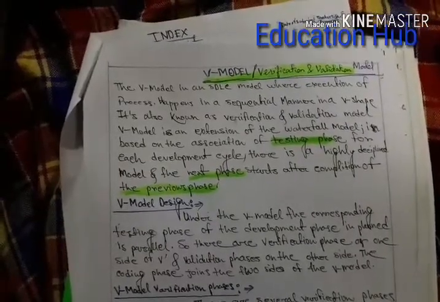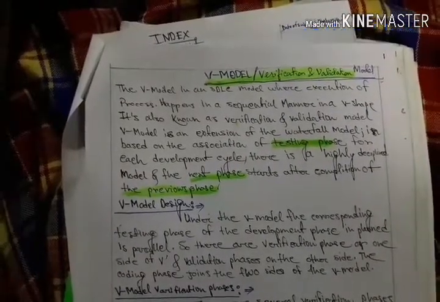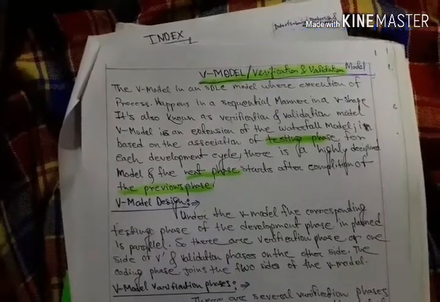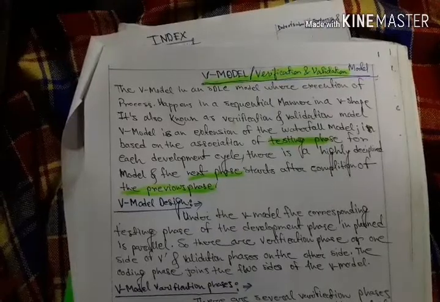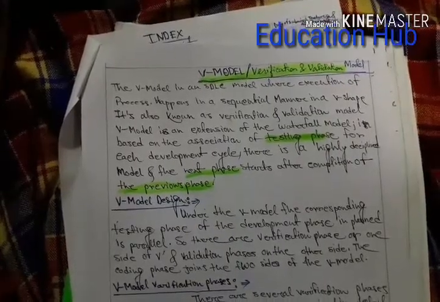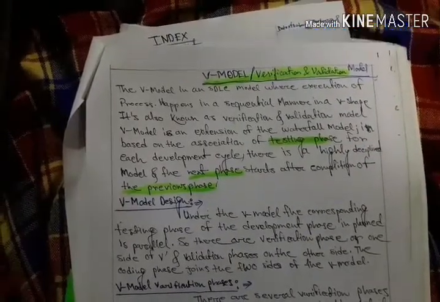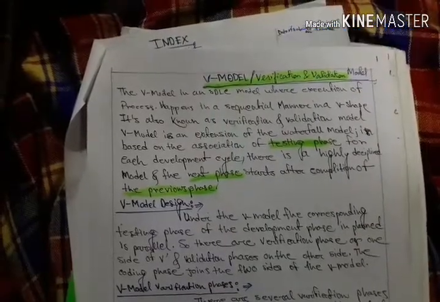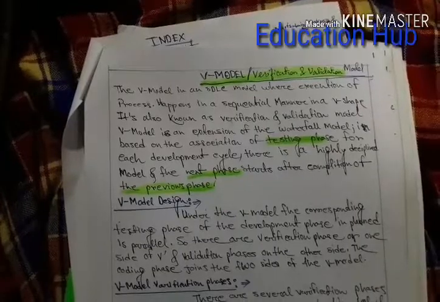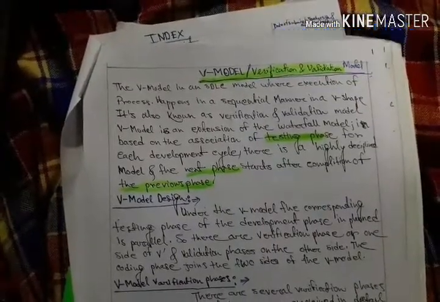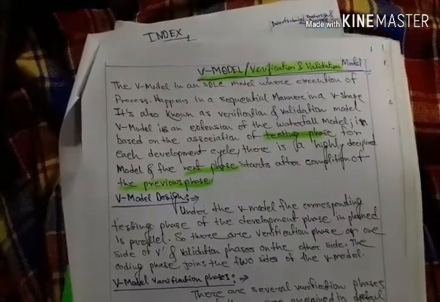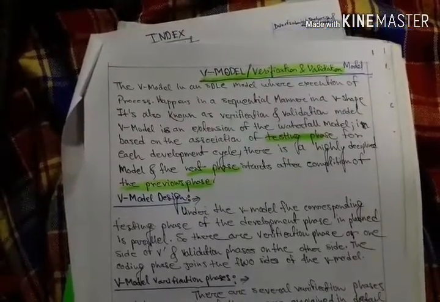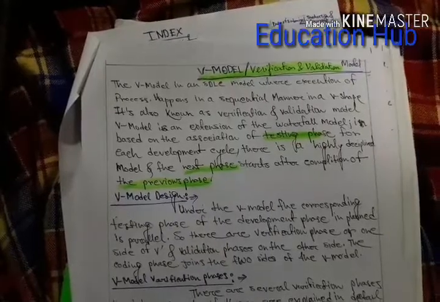Now let's start the design part of the V model, or verification model. Under the V model, the corresponding testing phase for each development phase is planned, and all the phases come in parallel. So the verification phases and the validation steps all follow a V shape.